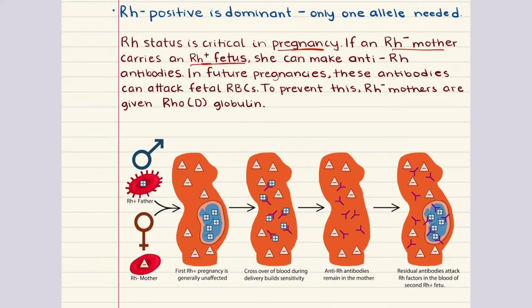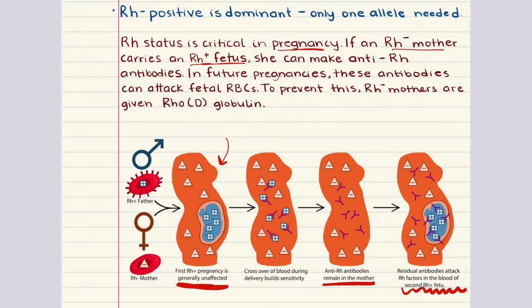The mother's immune system may recognize the Rh antigen as foreign, and then it's going to start making anti-Rh antibodies. Now, this usually doesn't affect the first pregnancy, but it does become a risk in future pregnancies if the fetus is again Rh positive.